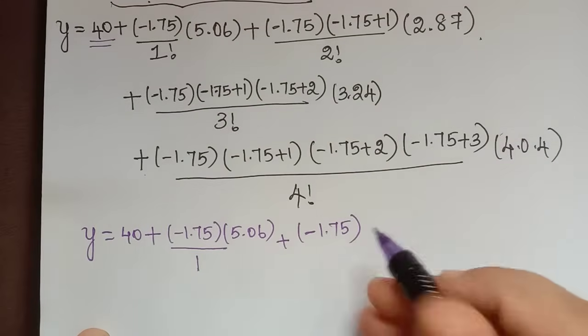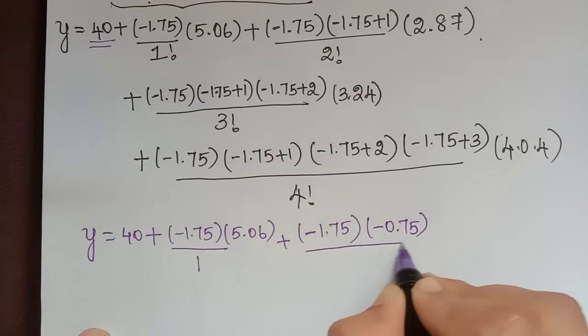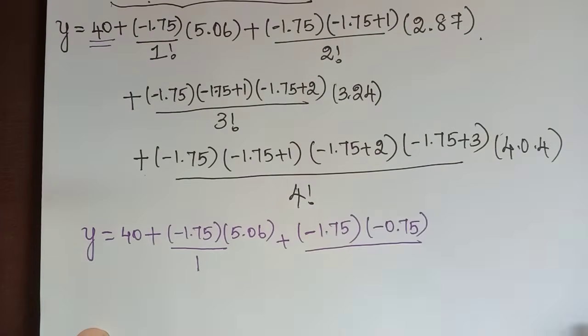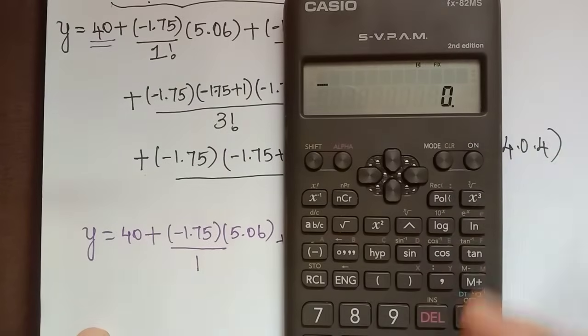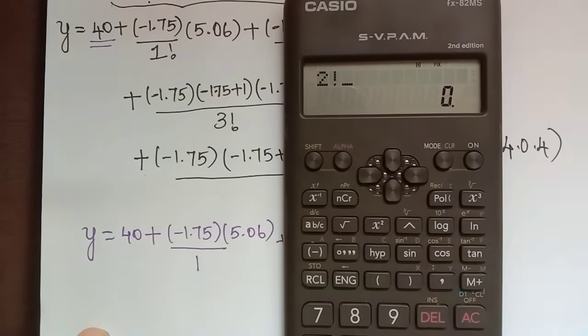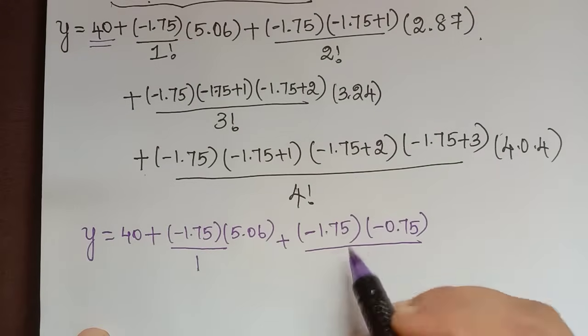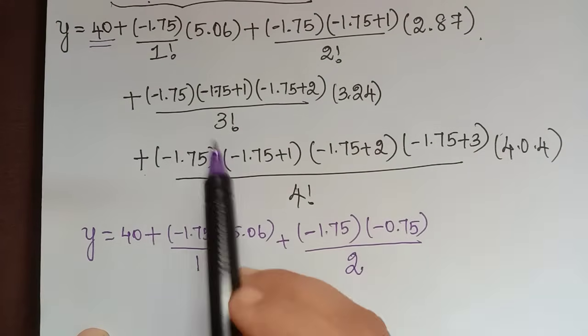So that we have to write here. So minus 0.75 divided by 2 factorial. What is 2 factorial? It is 2 into 1, which is 2 only. But anyway, I will show you. 2 shift factorial is equal to 2. So divided by 2.